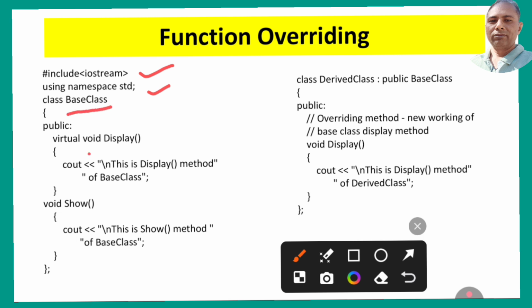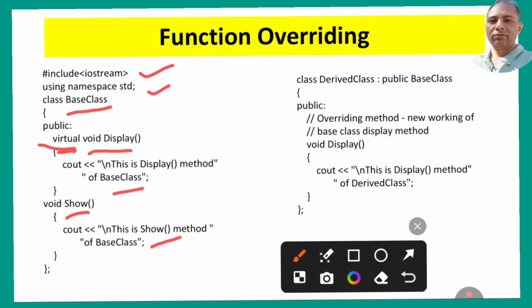In the base class we have the function void display, and one other function, void show. Here we use the virtual keyword, meaning we want to redefine this function in the derived class. In the show method we write something, and in the display method we print the display message of the base class.